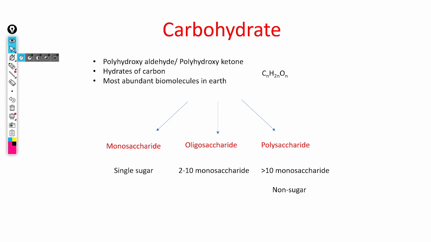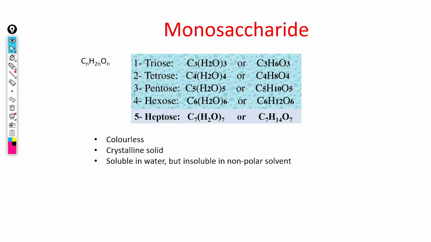Now come to the monosaccharide. In this slide we will know about the monosaccharide. The formula is CnH2nOn: Cn, 2 times H, and the same number of oxygen. In the monosaccharide, the minimum carbon amount is 3 and the maximum is 7.